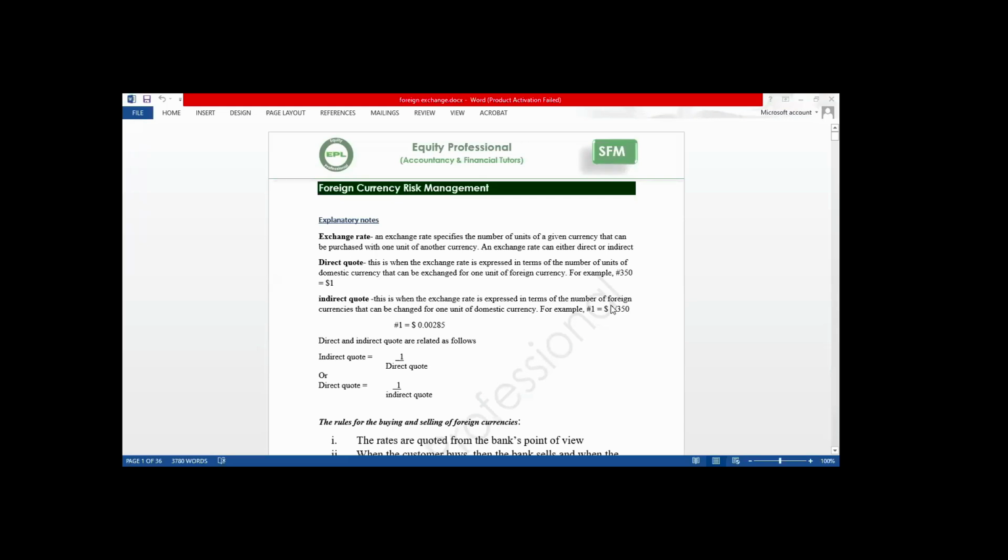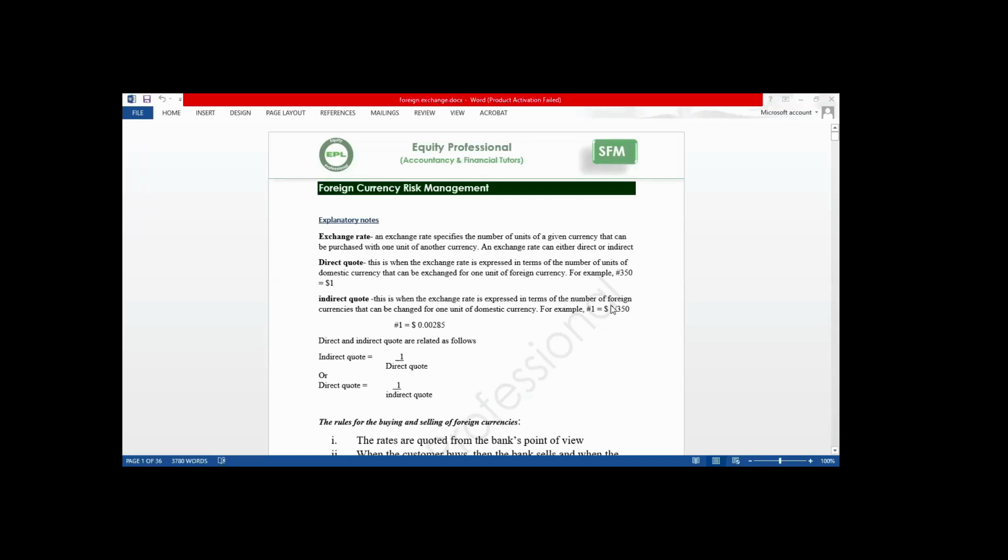What is direct quotes? This is when the exchange rate is stated in terms of the number of units of domestic currency that can exchange for 1 unit of foreign currency.